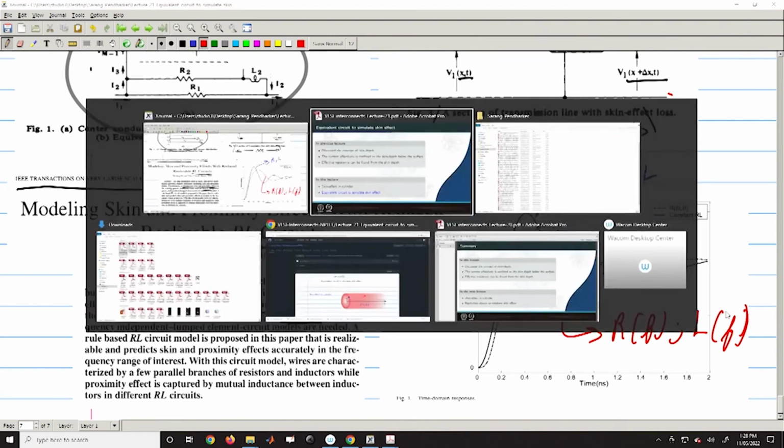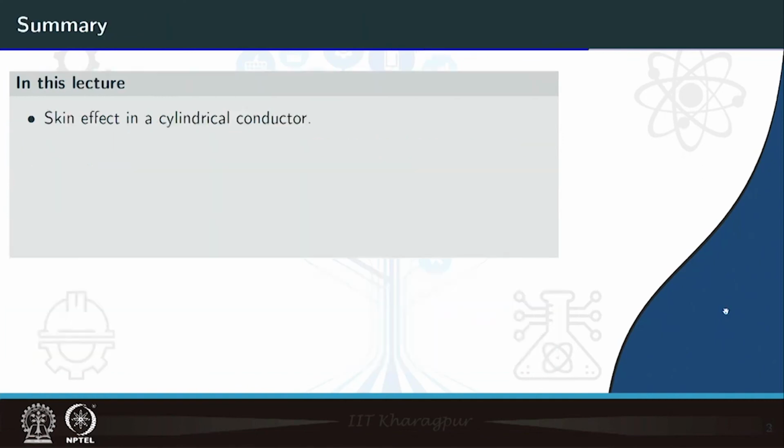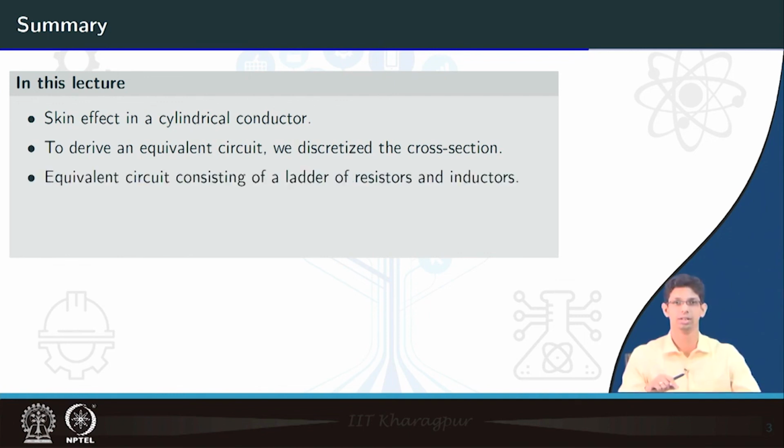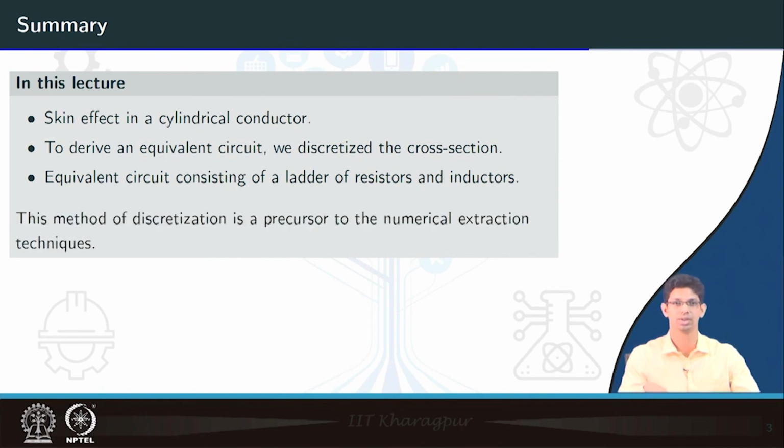So, we will stop here today. In this lecture we saw the skin effect in cylindrical conductors. We derived an equivalent circuit where we discretized the cross section to arrive at the equivalent circuit and its parameters, and we saw that with those fixed values of R and L, if we make a ladder like circuit, we can incorporate this skin effect into our SPICE simulations as well.